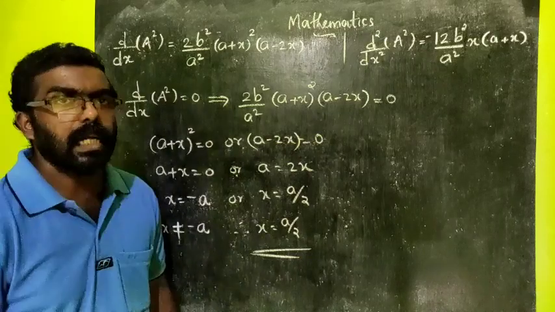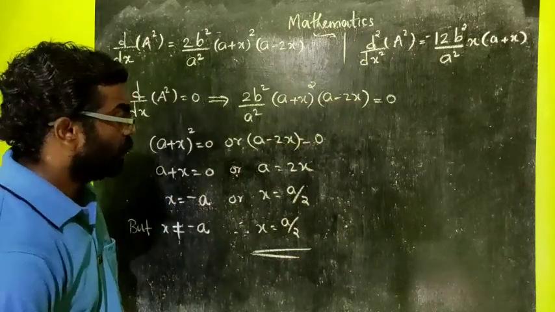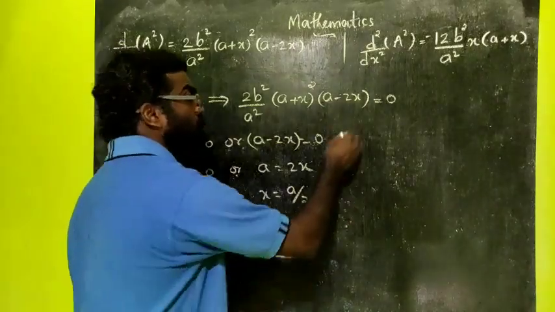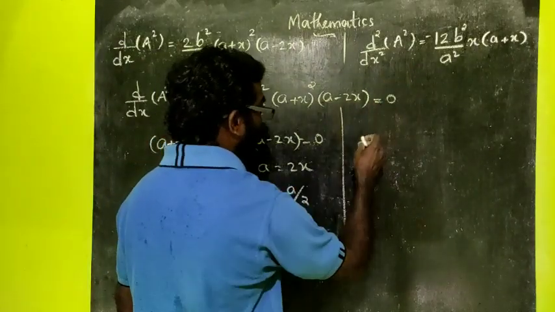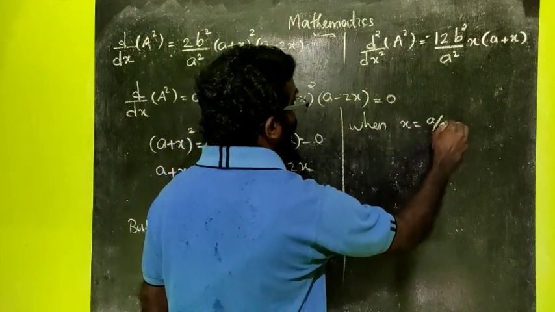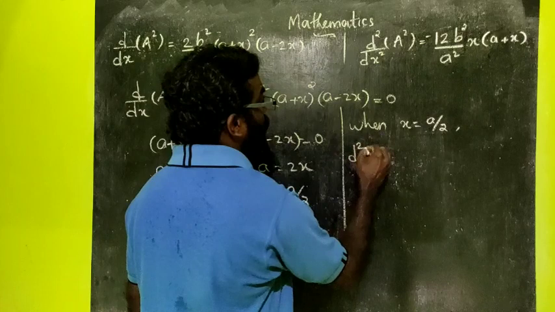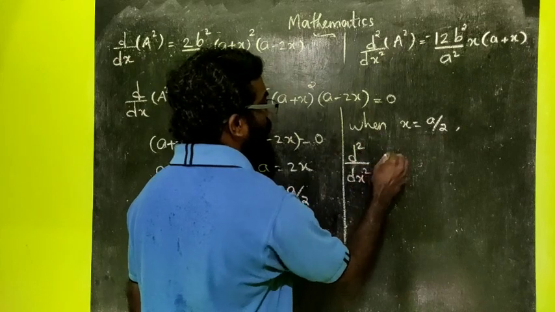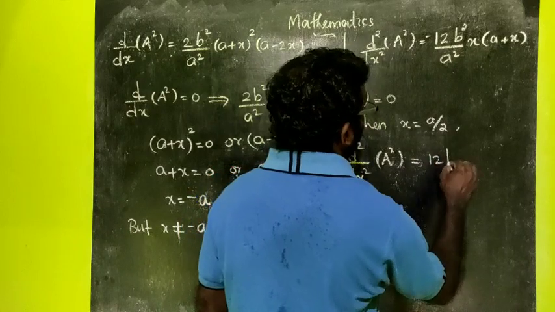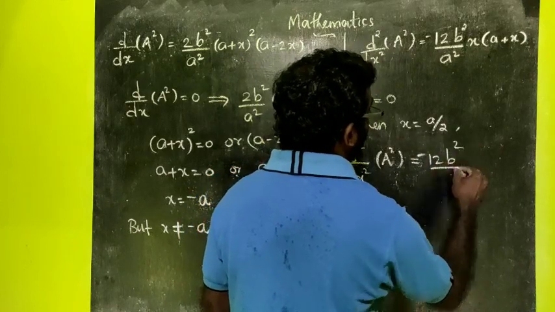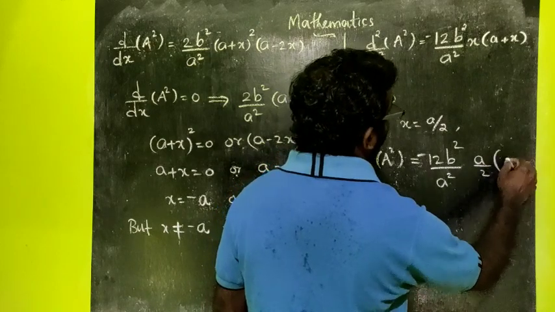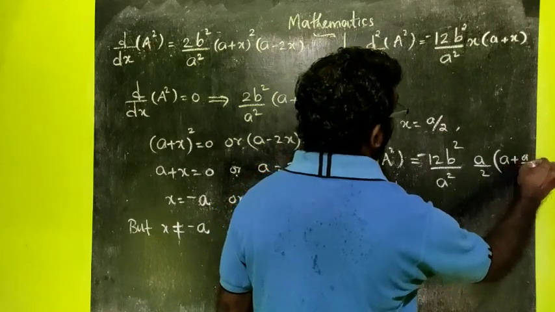Now we have to check the sign of the second order derivative when x is equal to a by 2. For that, we can replace the value when x equal to a by 2, d square by dx square of area equal to minus 12b square by a square into (a by 2, then a plus a by 2).